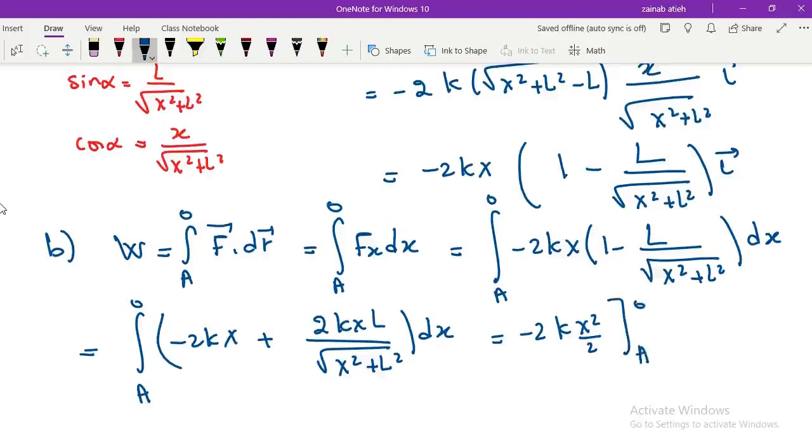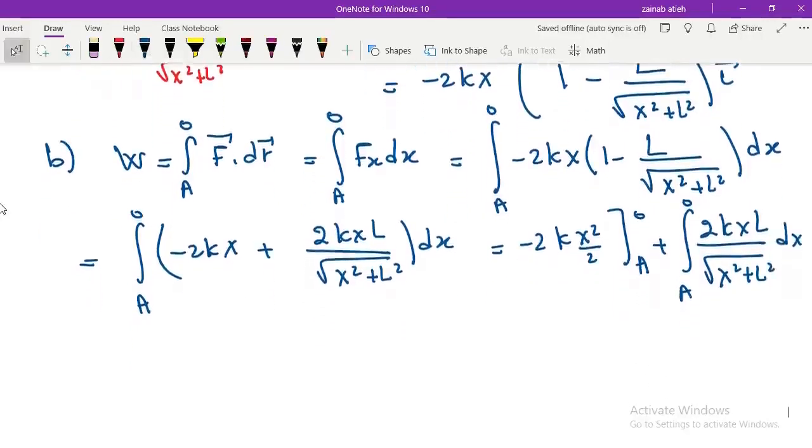For the second one, I will use the change of variable. I will write it like this: 2kxL over radical x squared plus L squared dx.